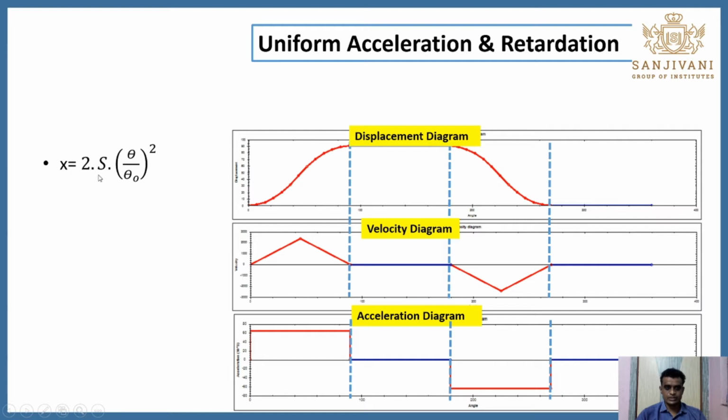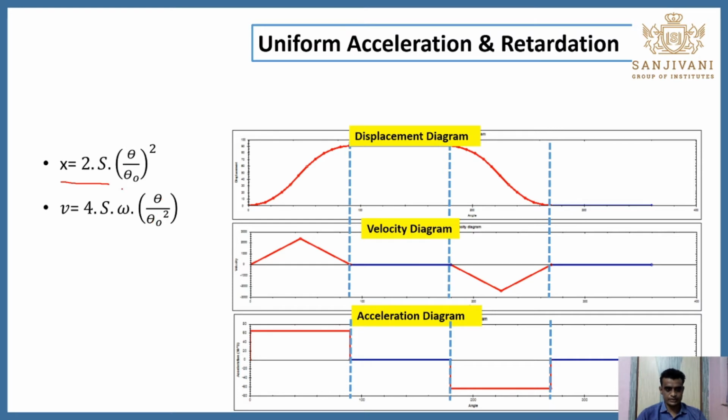Now this is the equation for the displacement of the follower for the uniform acceleration retardation. If we differentiate this equation, we will find that v is equal to 4s omega theta upon theta o square.